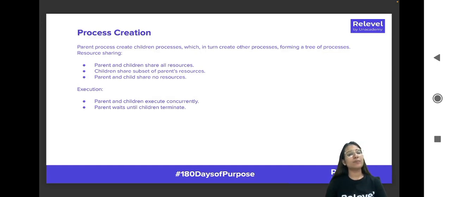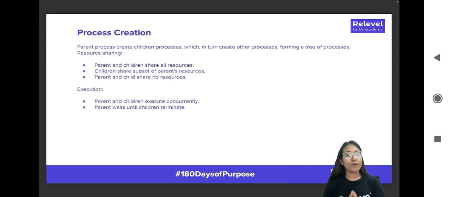For the concept of resource sharing, there are three possibilities. A parent and a child can share all the resources, so whatever resources the parent has, the child can also access all those resources. That's one situation. The other situation, based on the use case, is that the child process does not get all the parent resources, but it shares a subset of the parent's resources.